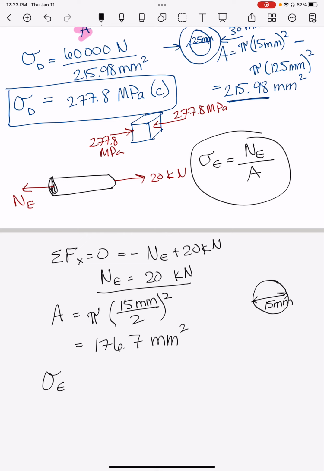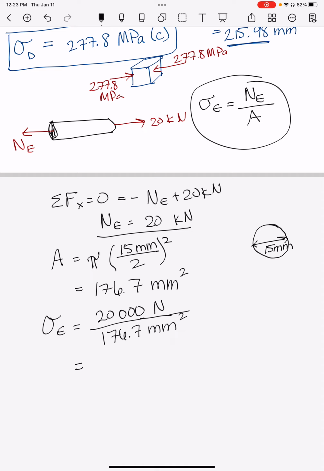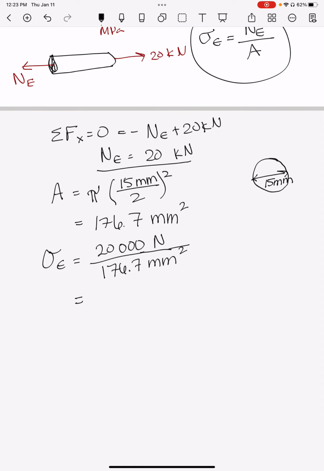So now we can find that stress because we have all the components. So stress at E equals the normal force at E, which is 20 kilonewtons, divided by, because we know newtons divided by millimeters squared is megapascals, so I was just changing that 20 kilonewtons to 20,000 newtons, divided by 176.7 millimeters squared. And that's going to give us 113.2 megapascals.